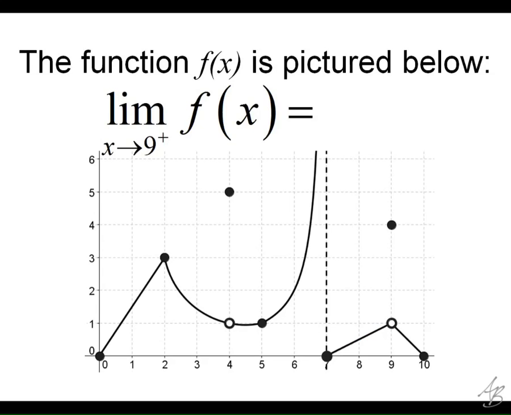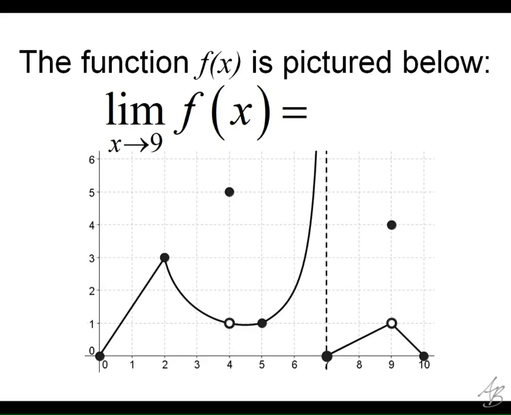How about from the right? Also 1. So as we approach with values slightly bigger than 9, never does get to 1, but it gets close to it, and we can see if it continues as it's going, it would be 1. So the limit as x approaches 9 from the left is 1. The limit as x approaches 9 from the right is 1.